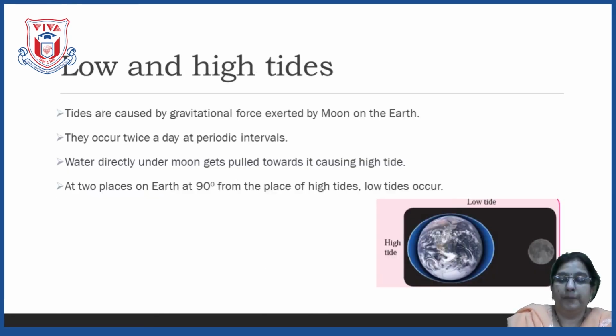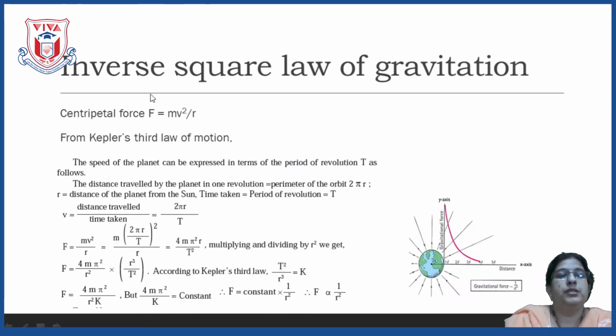Now see here, children, the first one written here is the formula for centripetal force, which is equal to mv square upon r. Previously we have seen the definition of centripetal force: the force acting on any object and directed towards the center is called centripetal force. Now, what is the formula for this centripetal force?